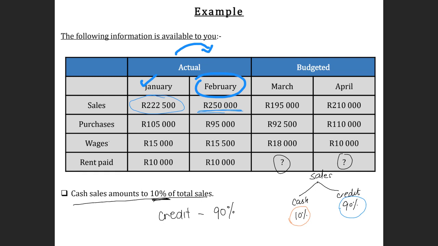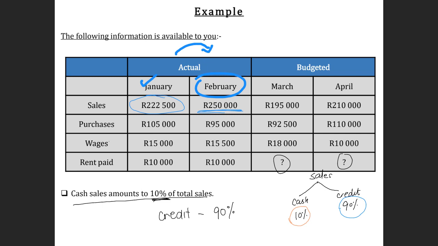It's taking a while to load. So the only month that we need to include now is the month of March, where the 40% would be paid in the next month, which would be April. And then the 50% would be in the next month, which would be May. And May is not included in our budget, so we don't need to include that.